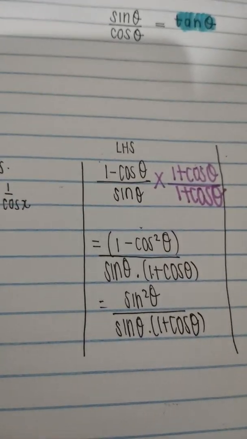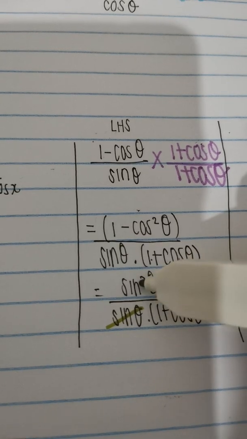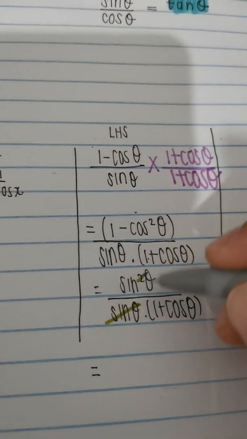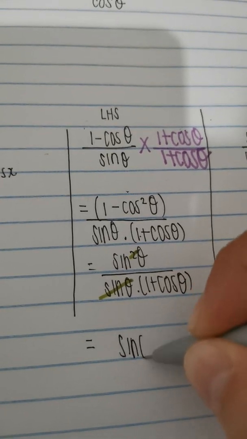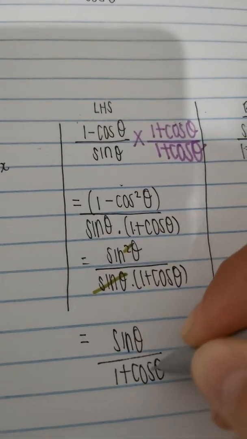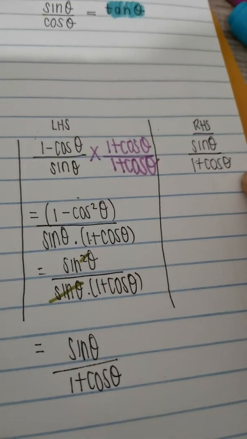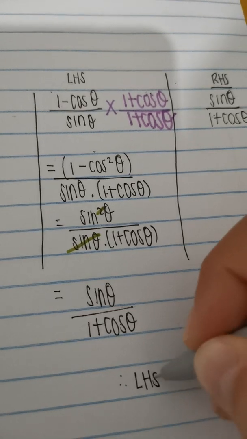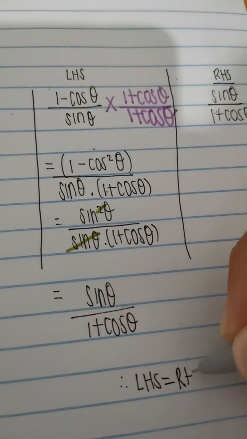You would then notice that the sine theta can cancel with the squared there. So I end up with sine theta over 1 plus cos theta. And that's exactly what they wanted us to get to. So therefore, my left-hand side is equal to my right-hand side.